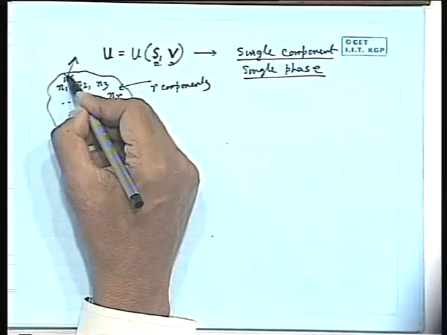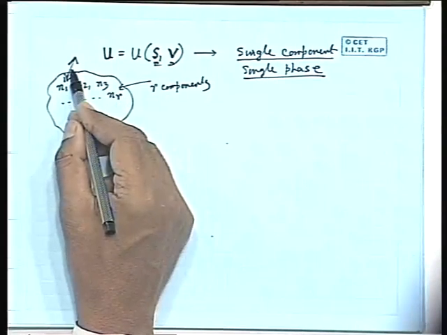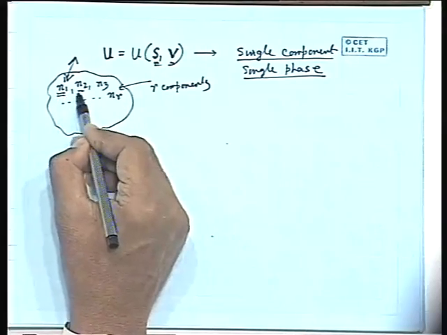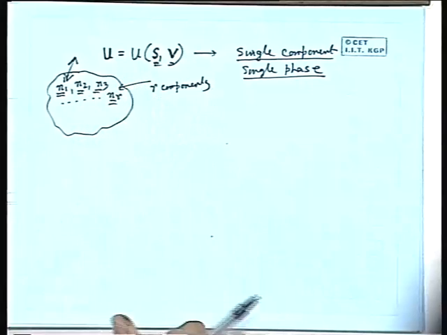That means material can flow out and flow in, and this is valid for all the components, so the numbers of moles N1, N2, N3, Nr may vary as the system interacts with the surroundings. That means there is a change in the number of moles because of the material influx and efflux of the different constituents or components. So, therefore, we consider a system of R components.